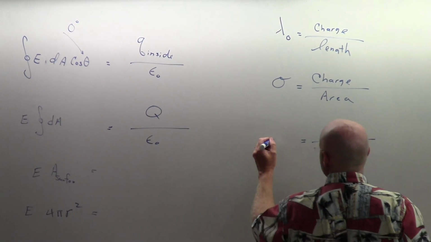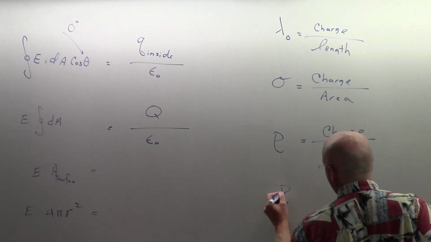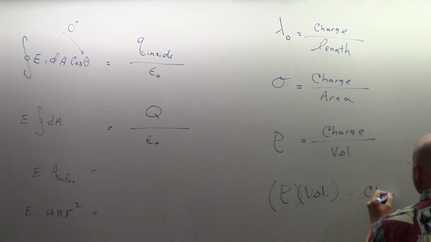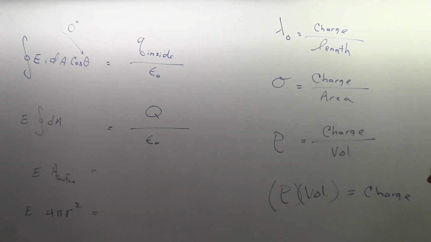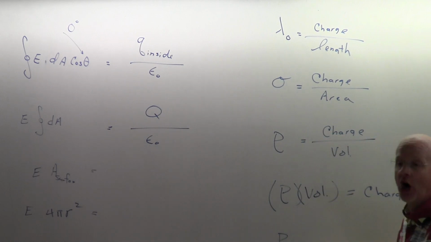I haven't had a chance to use it in class, but we like to use rho, and I know you've seen it in the book as you were doing the reading, but rho is kind of the standard symbol for saying how much charge per volume. Because if you wanted to do it that way, you could get the total charge by saying what is the charge density times the volume. So you would go rho, and I would suggest not to do this because there is no rho in that picture and the Q is so easy. But I do want you to see this. What would be the volume?